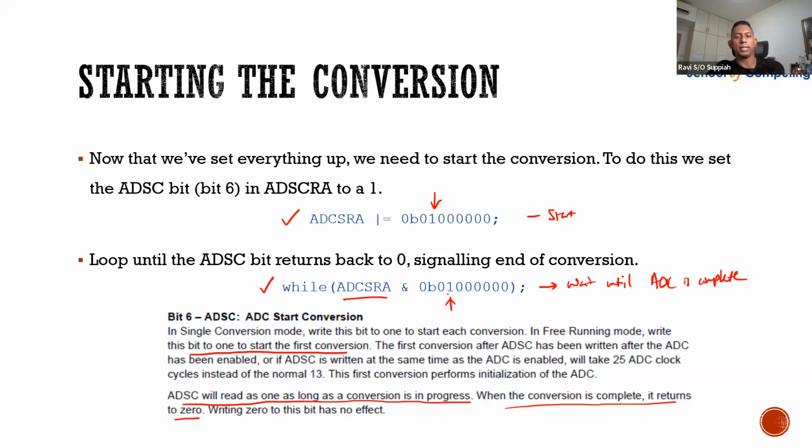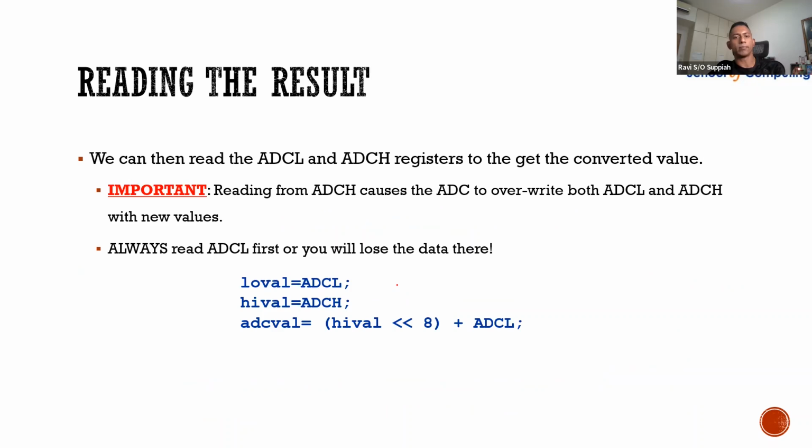As long as this bit is still 1, this condition is true, so I'll be stuck in this while loop. The moment this bit becomes 0, the condition becomes false, and then I go to the next line. So I will be stuck in this loop waiting for the conversion to be complete. That is what this while loop does for us.